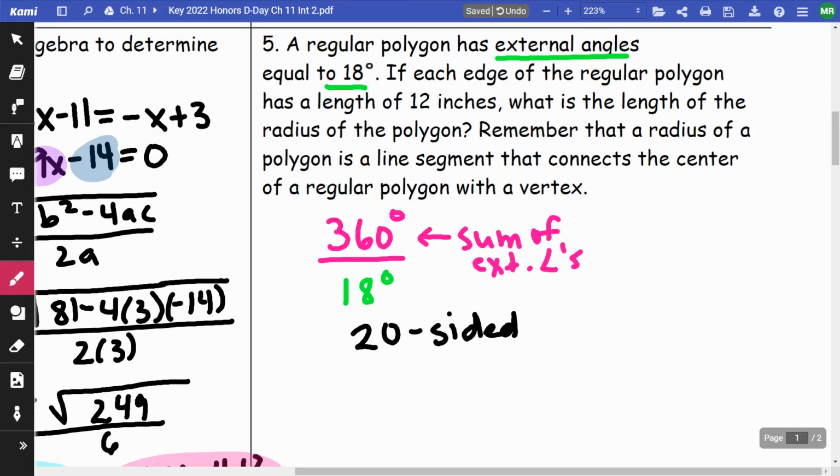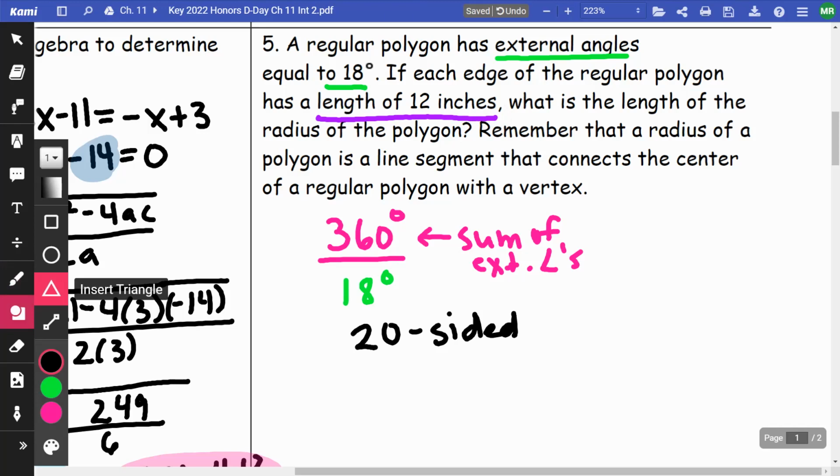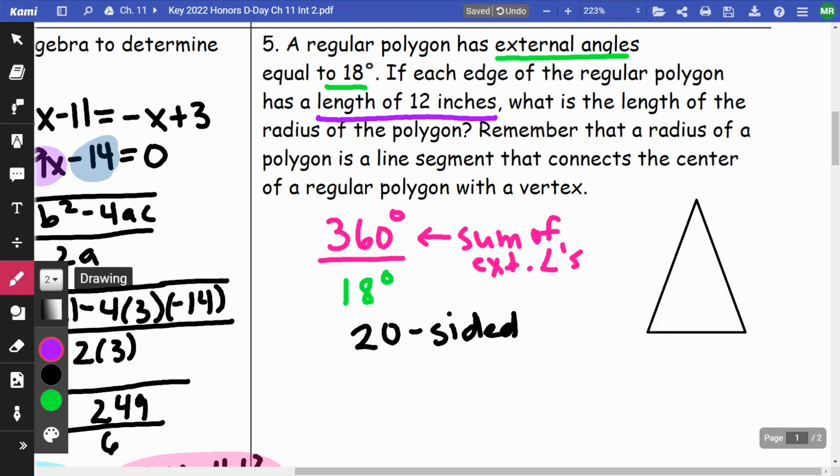Now for this polygon, each edge has a length of 12. What is the length of the radius of the polygon? Basically, I am going to have an isosceles triangle, and that isosceles triangle is going to have a side length of 12.